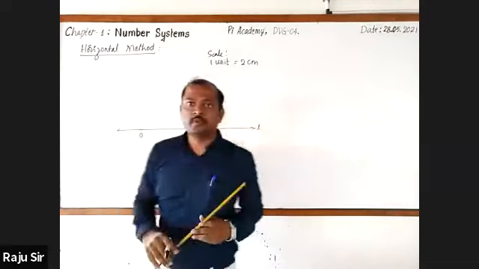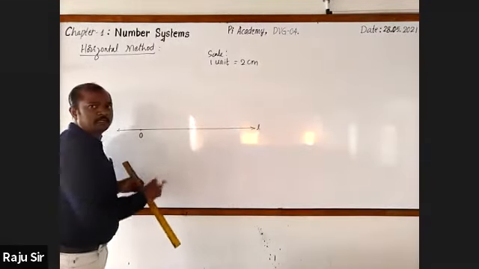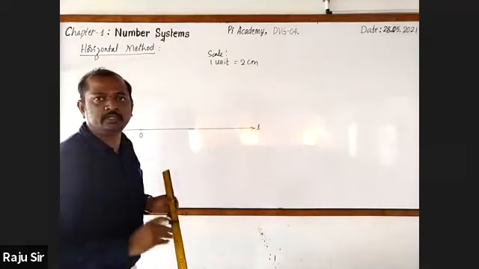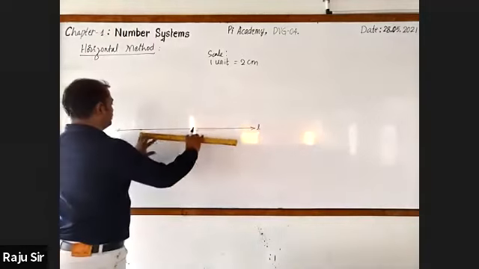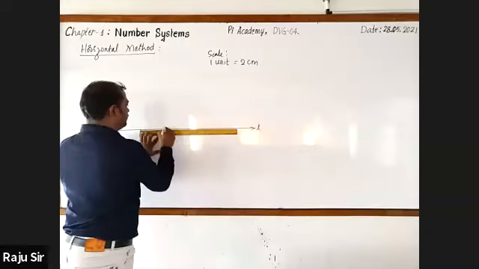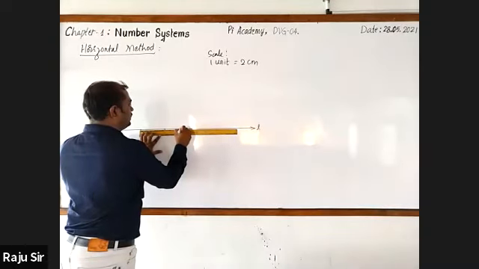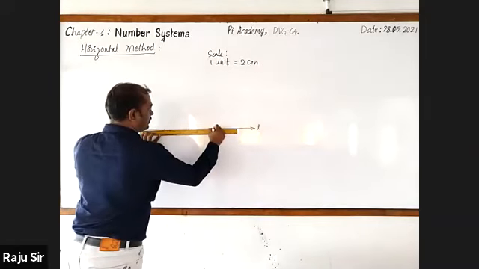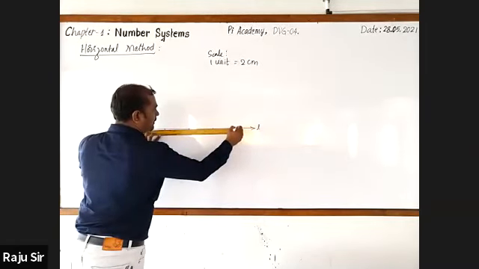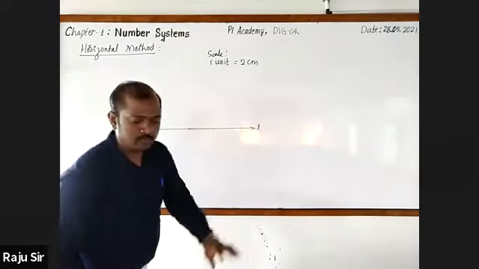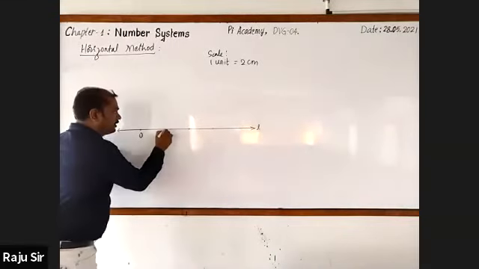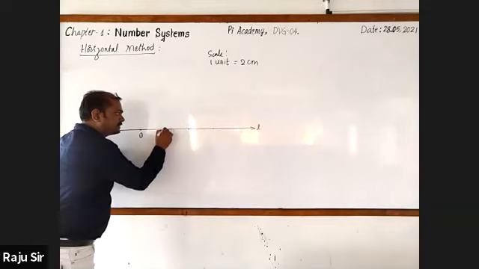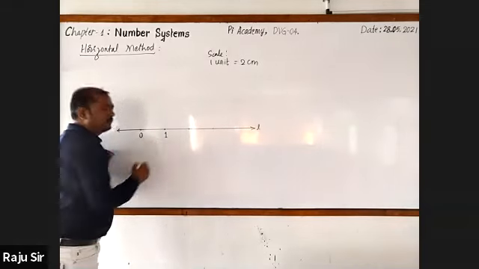Now, from 0, just go on marking for every 2 centimeters. Finished? Okay. Call this point as 1.